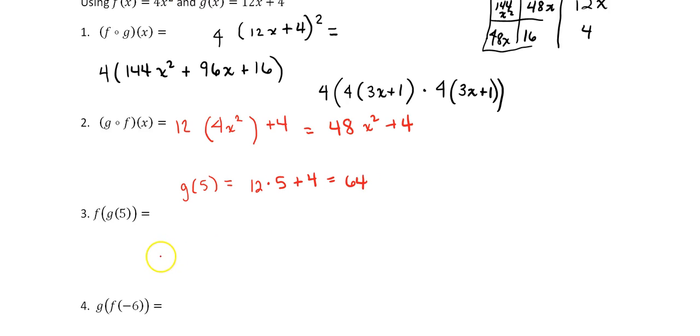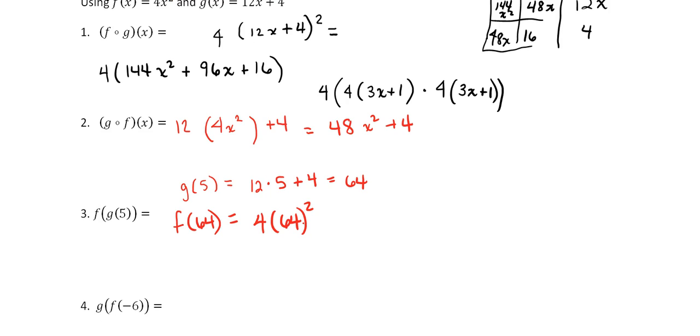And then that 64, I'm going to put into the f, right? So my f of 64 is going to become 4 times 64 squared. Alright, and if you wanted to, we can throw that into the calculator and come up with 64 squared and then multiply that by 4. Since we're talking fairly large numbers, I'm going to just leave it for the moment.